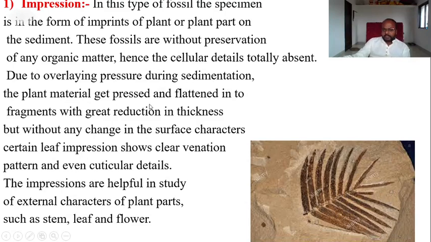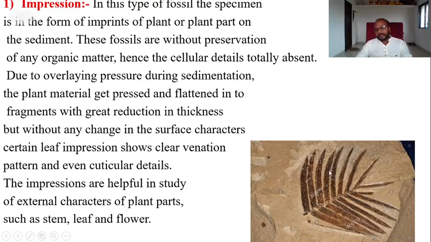The plant material gets pressed and flattened into fragments with great reduction in thickness, but without any change in the surface character. Certain leaf impressions show a clear venation pattern, and even cuticular details. The impression type of fossil is helpful in the study of external characters of plant parts such as stem, leaf and flower.